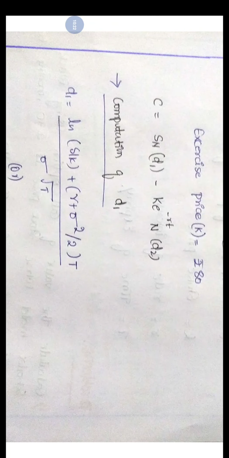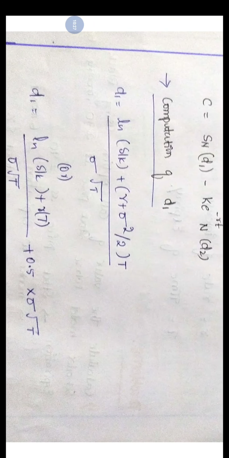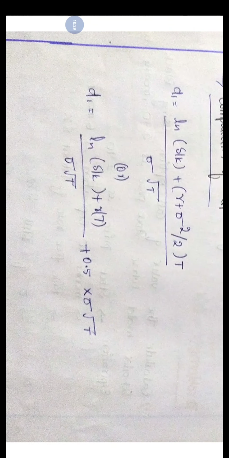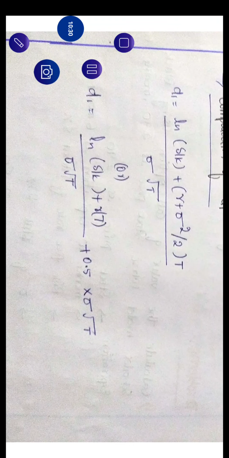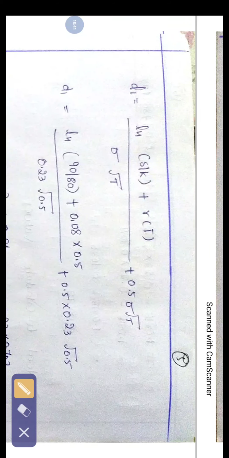The d1 formula is given in the problem. Two formulas are given, you can take any one. We will solve by taking this formula: d1 equals ln(S/K) plus (r plus 0.5 standard deviation squared) t, divided by standard deviation times square root of t.